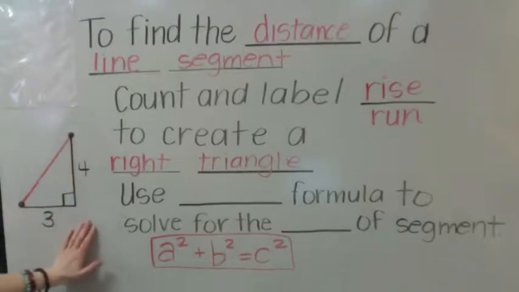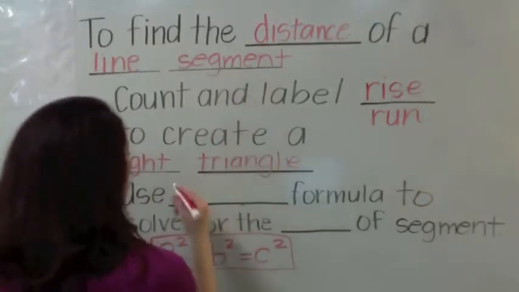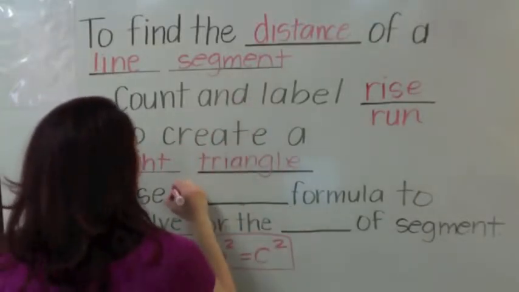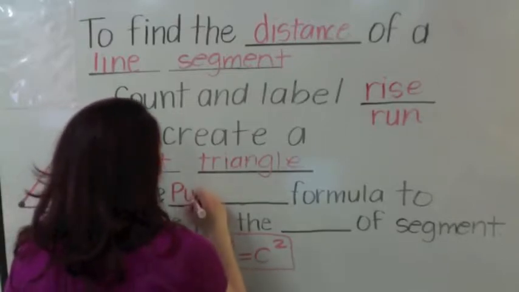How can I use the slope to figure out what is the length of this missing side? Instead of measuring it, we can use something called the Pythagorean Formula. So capitalize P, because this was a mathematician that made this formula. Pythagorean, P-Y-T-H.